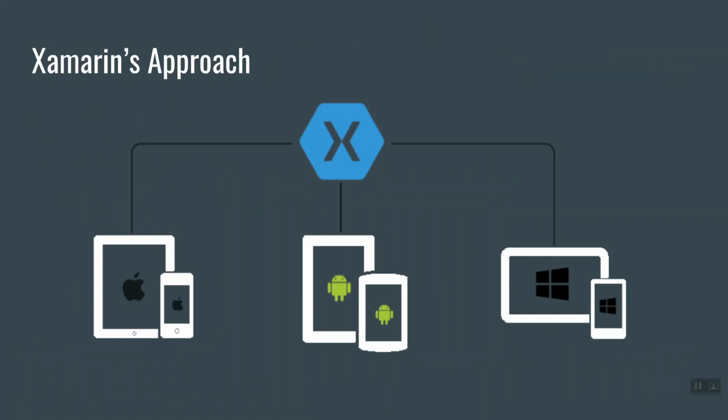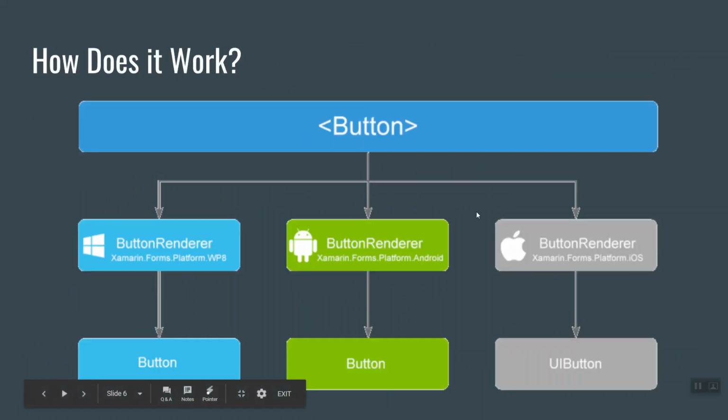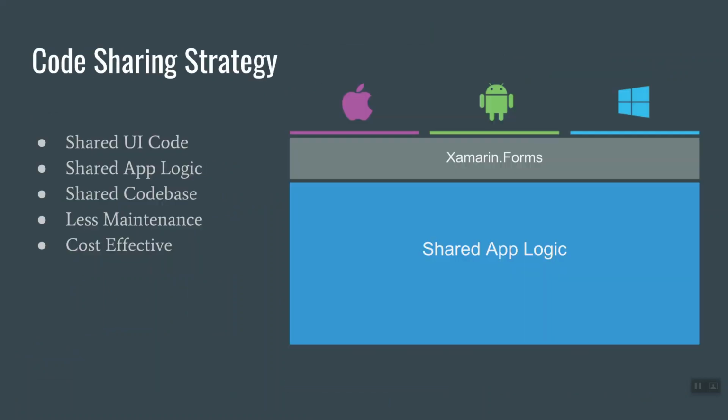We have one shared code base written in C# in Xamarin, and then it builds it out to an iOS, an Android, or a Windows. How does it actually work? So you're writing all your code in a mix of C# and XAML, and in our example here, we have a button control, and that gets brought down to the next layer into the Xamarin platform for, let's say, Windows or Android or iOS, as our diagram shows here.